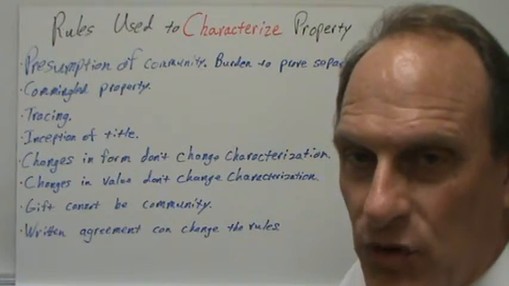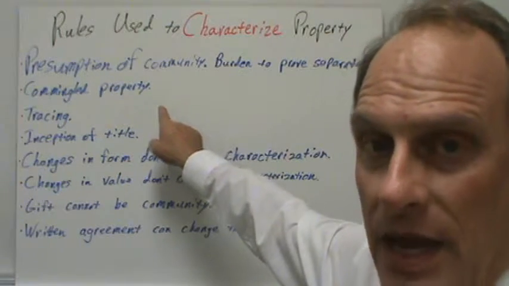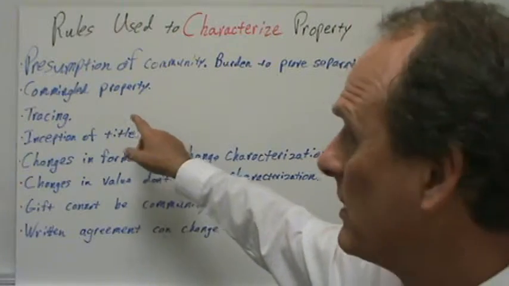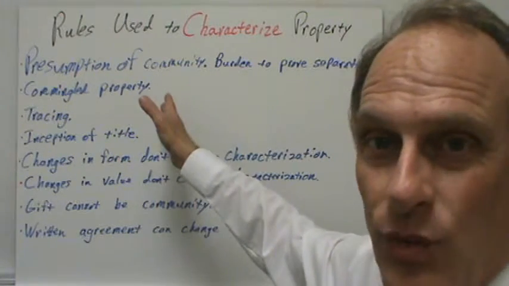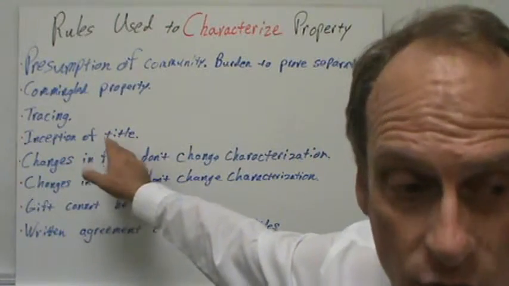So we have that presumption of community. When separate property and community property are commingled, if you can't separate it out, it's going to be characterized as community. We have a rule of tracing.